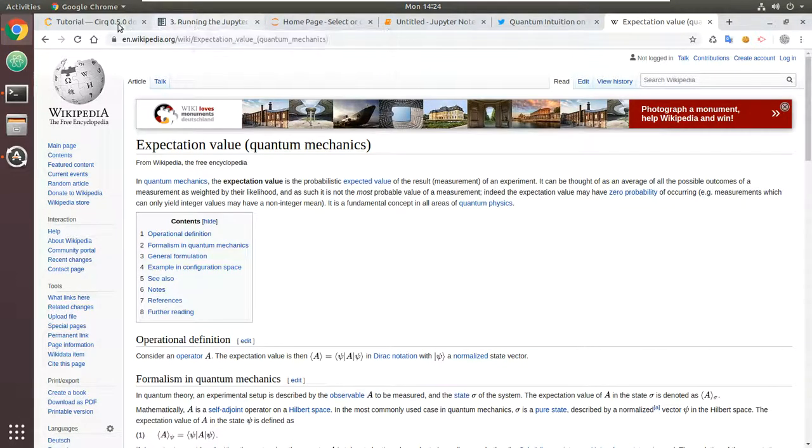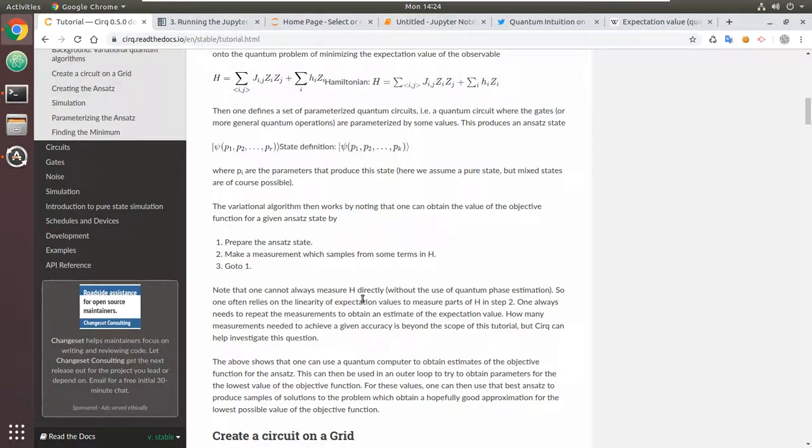But how do we know that that equals the answer that you would get with the phase estimation? That's what's not clear yet to me.